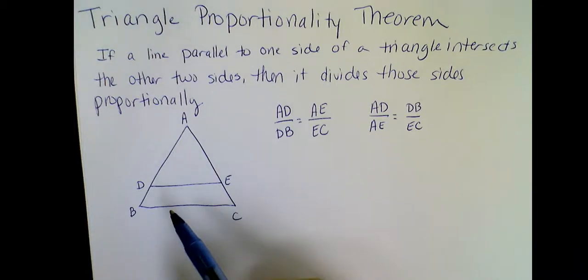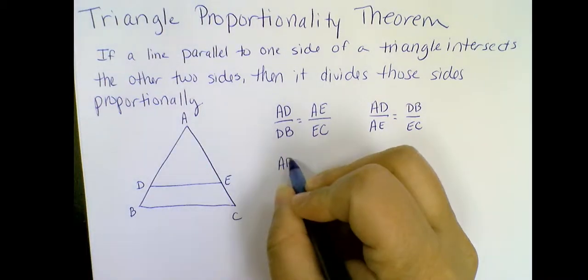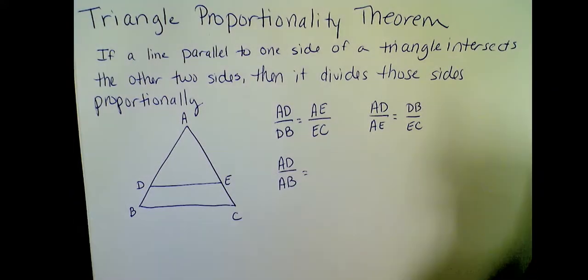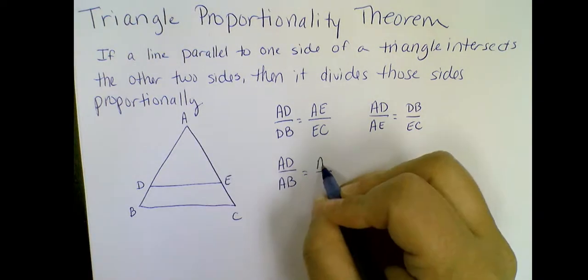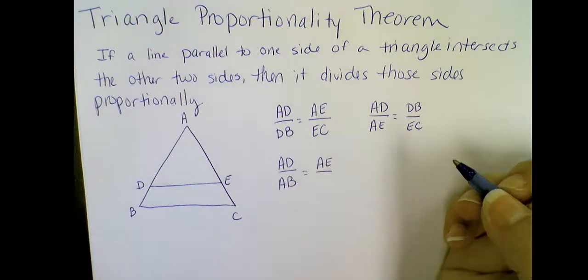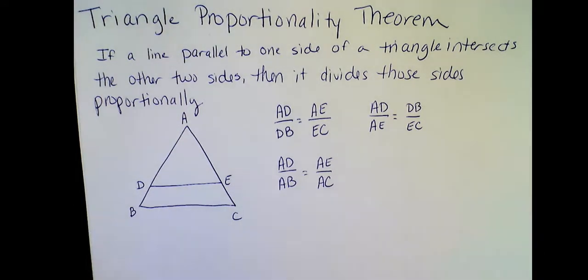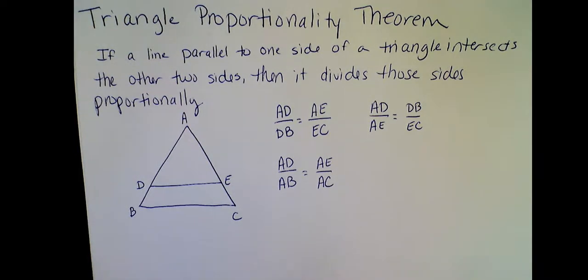We could do the top piece here, AD, over the whole side of the bigger triangle, which is AB, and that would be equal to the top piece, AE, over the whole side of the bigger triangle, which is AC. And again, you could rewrite that different ways as well, depending on the way you want to write your proportion.